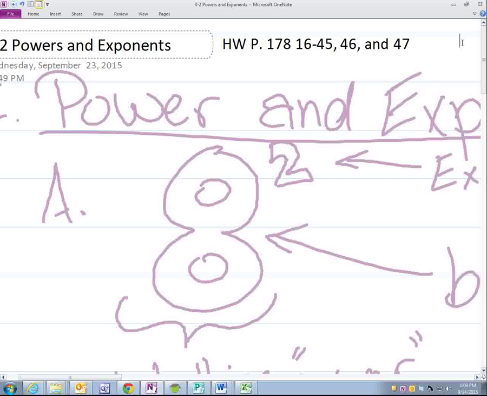Also, I want to show you guys how I want you to lay out your homework, because there are way too many of you not putting your names and the date on stuff. Why does it say 16 through 46? Wait, no, why does it say 16 through 47? I didn't write it originally. Yeah, it's just 16 through 47.